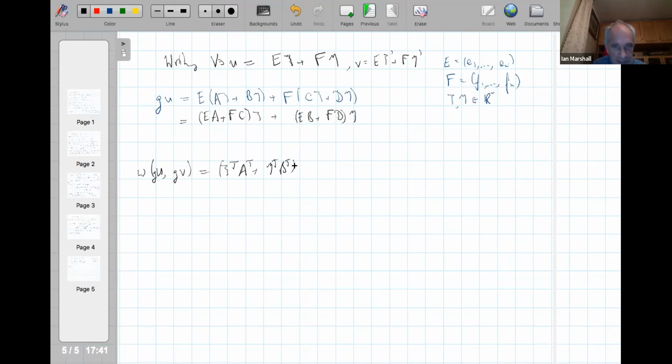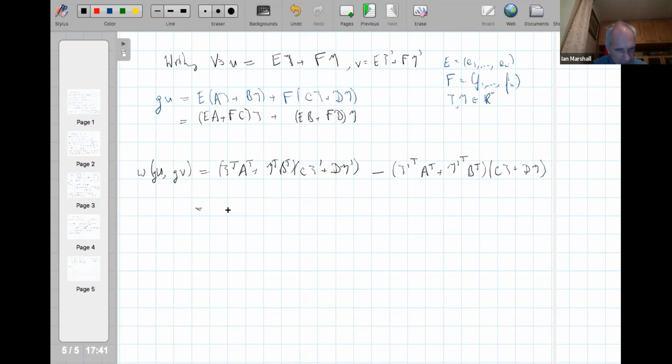So that will be like that, acting on C xi prime plus D eta prime, minus the same with primes and unprimed swapped: xi prime transpose A transpose plus eta prime transpose B transpose, acting on C xi plus D eta.